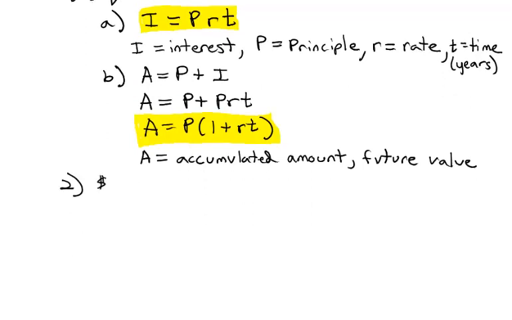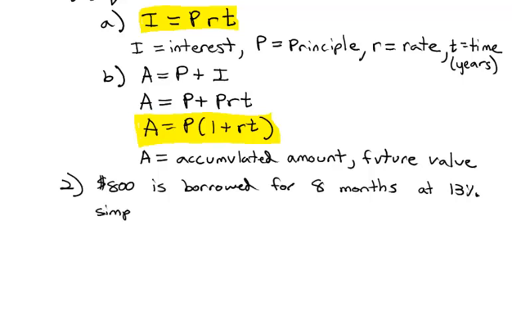Let's say $800 is borrowed for 8 months at 13% simple interest per year.